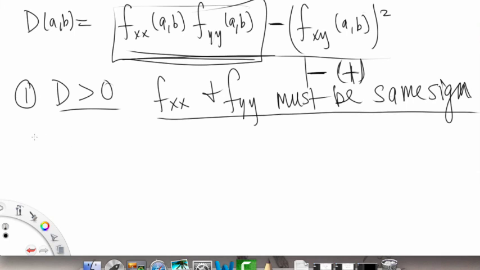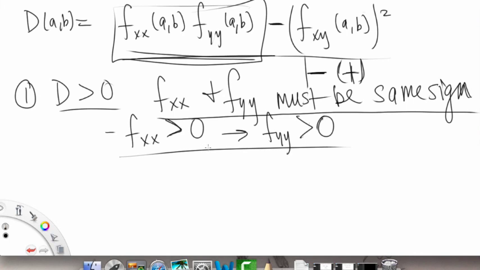And then also there's the condition that if fxx is greater than 0, that implies that fyy is greater than 0. What does this mean? Now both of them are positive. So on our 3D graph, in both the x direction and the y direction, our graph must be concave up.